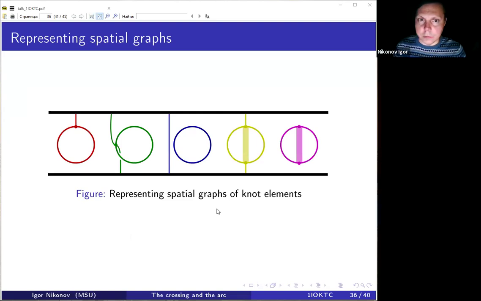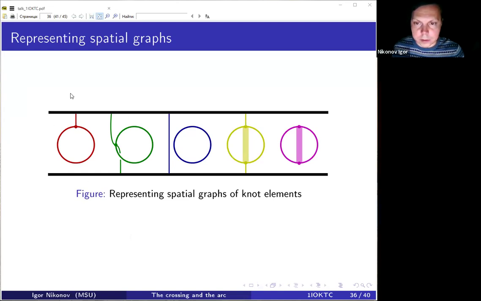And if you consider universal invariants of arcs, knots, and links, then the values of these invariants are isotopy classes of embeddings of some concrete spatial graphs.